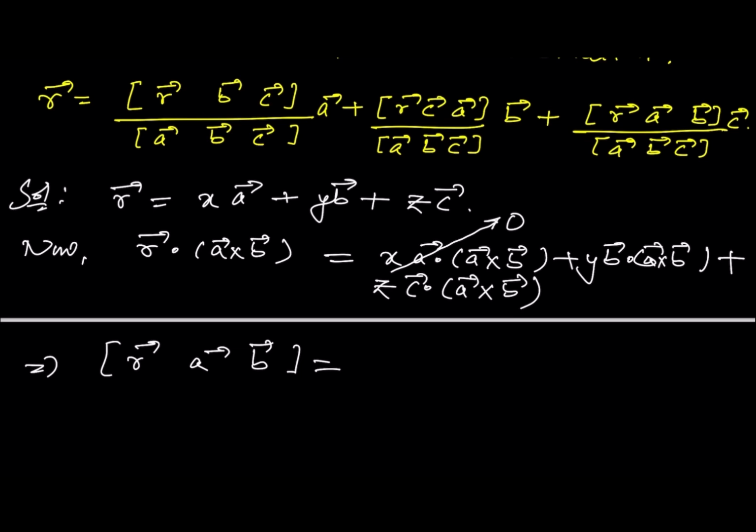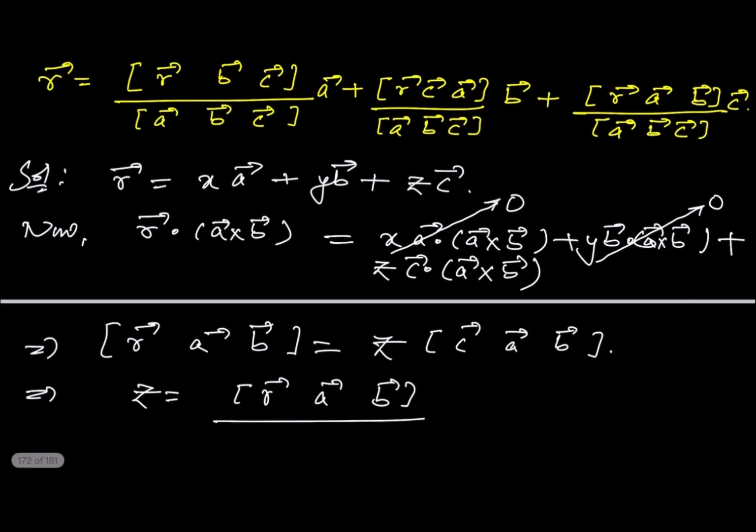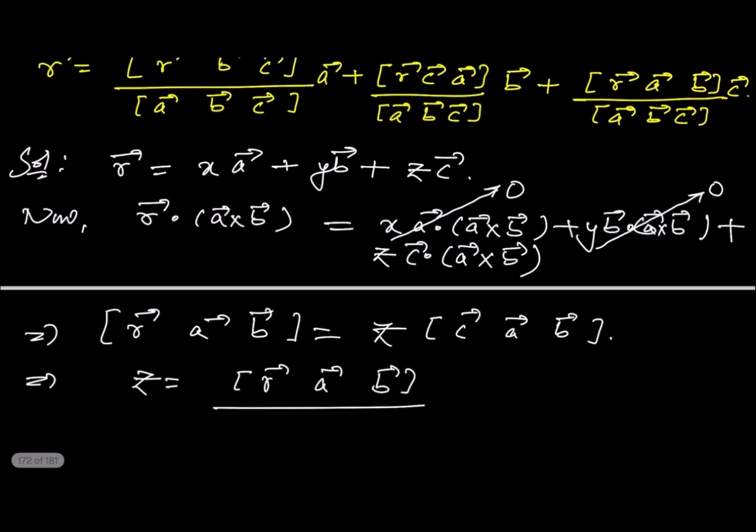Similarly, B dot A cross B is also 0 because B vector and A cross B are perpendicular vectors. And this C dot A cross B is nothing but box CAB. Right? Now from here we can get z. z is box RAB upon box CAB, or this box CAB can be written as box ABC.